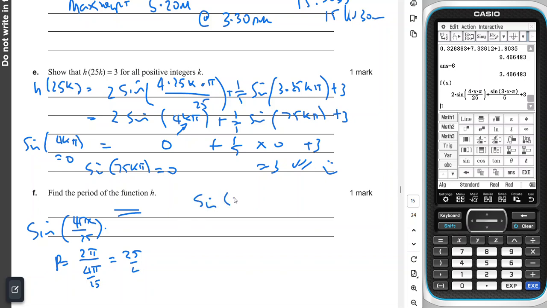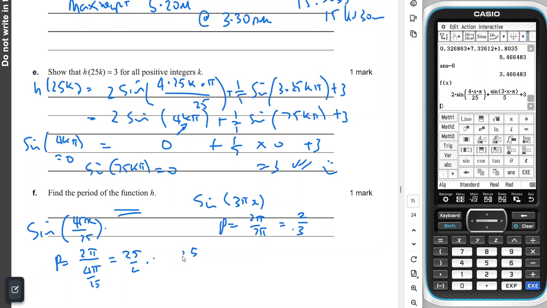And the sine of 3 pi x, the period is going to be 2 pi on 3 pi. It's going to be 2/3. So we need a common multiple of both.